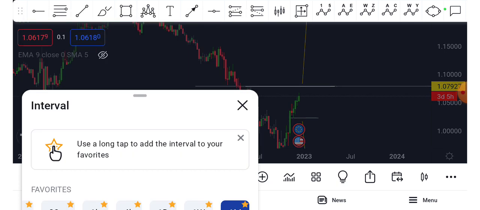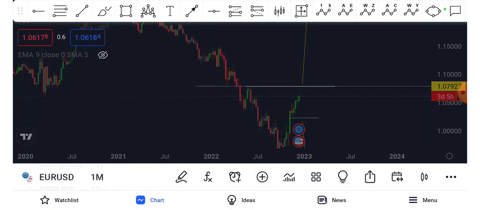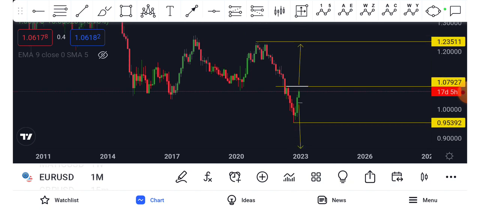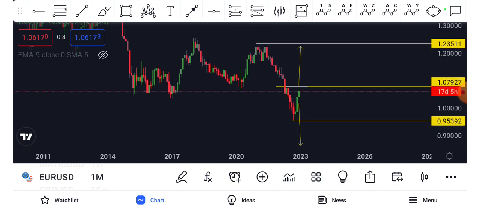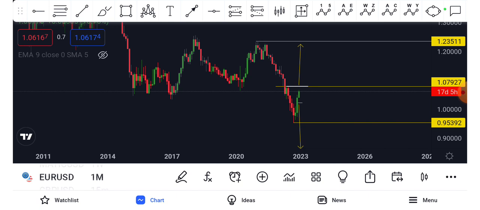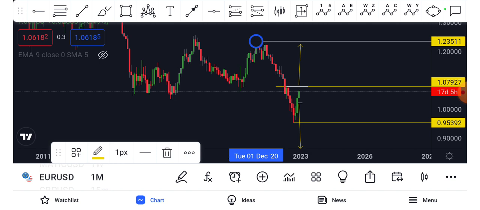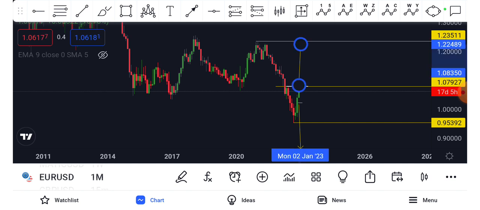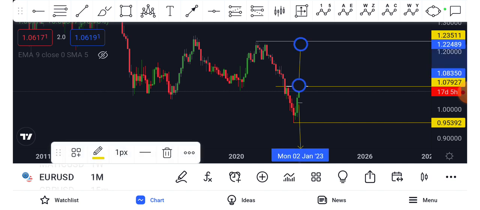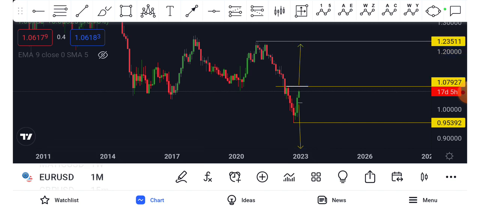Let me just show you simply how I marked the entire thing. This is how I marked it. These are my markings. Here, here, and here. And these are very, very important points. And you can see that my arrows are pointing up. The reason the first one is pointing up is because if it breaks that line, we are heading up. And if it doesn't, I'll show you the point where it must violate first before we begin to head down. Now let's go to the weekly.